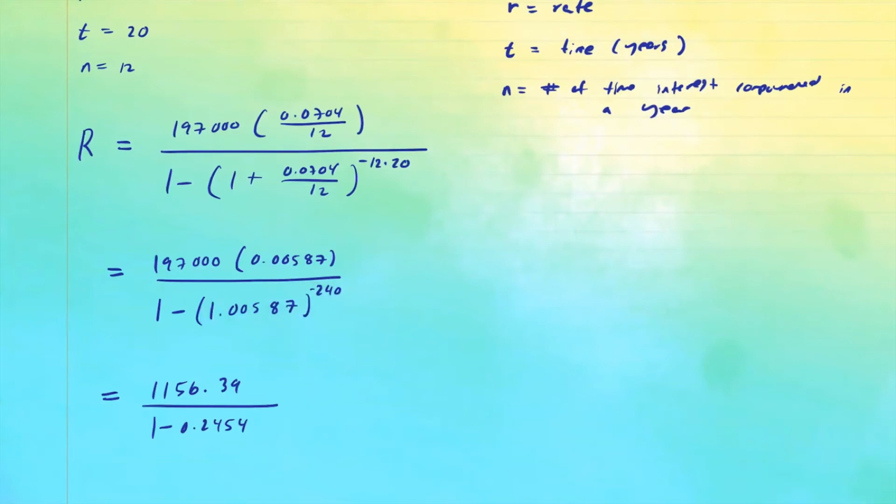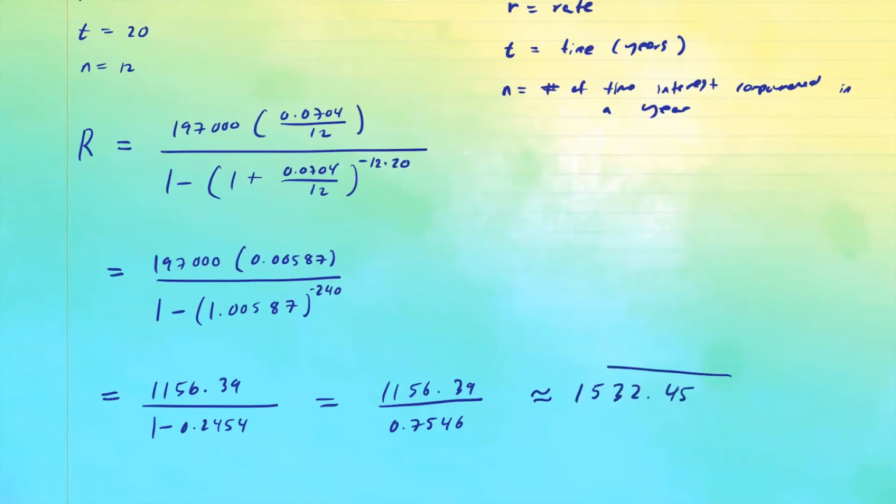And now if you put this in your calculator, that should be straightforward. We're doing 1156.39 divided by 0.7546. And that will give you approximately $1,532.45. So that's the answer to the first part.